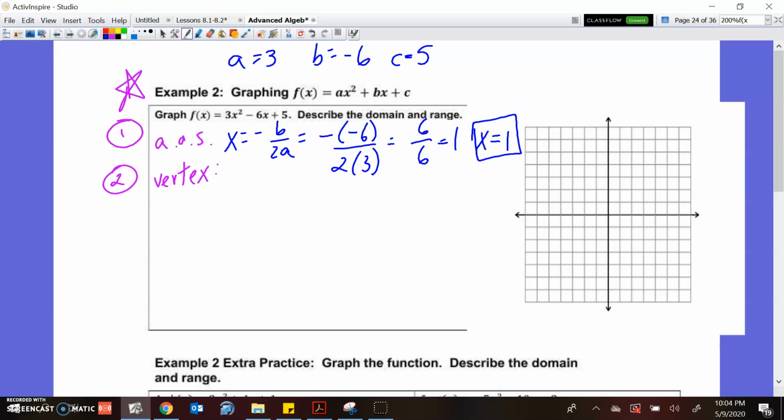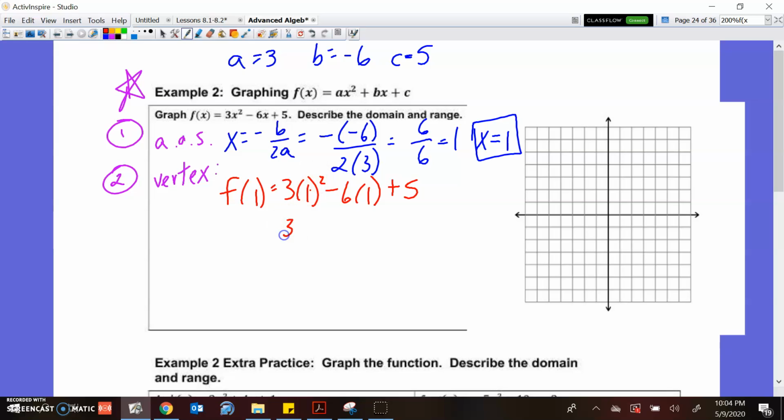That's the first part. So the next thing I'm going to do is take that and substitute it back into my equation to find my vertex. So f of 1 is going to equal 3 times 1 squared minus 6 times 1 plus 5. Order of operations, 1 squared is 1.